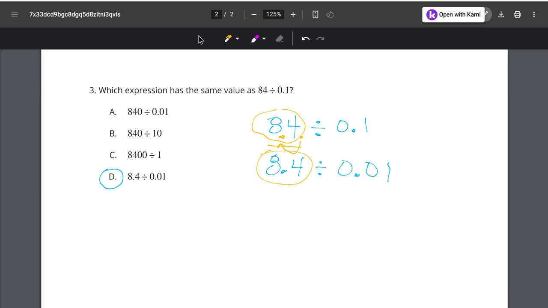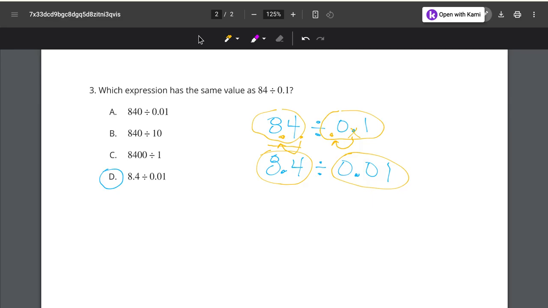So here I would also have to move my decimal point 1 time to the left to turn it into, instead of 1/10, 1/100th, which of course matches exactly what we see for answer choice D. So for both the divisor and the dividend, the decimal point was moved one time to the left.